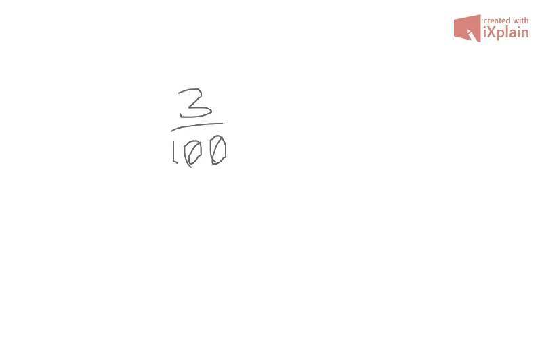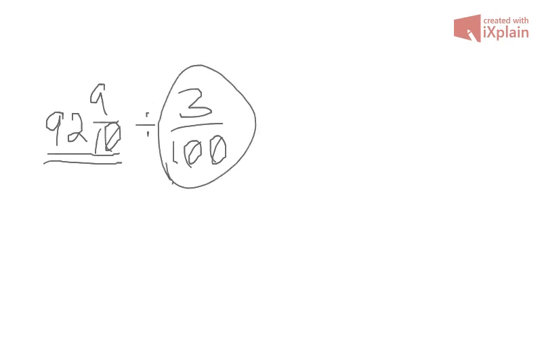So what this is asking us is the distance between the Earth and the Sun, which happens to be 92 and 9/10 million miles, is 3/100ths of a number of what size? This distance is 3/100ths a number of what size? So this is what we're trying to figure out now. So this question is set up a little bit different.